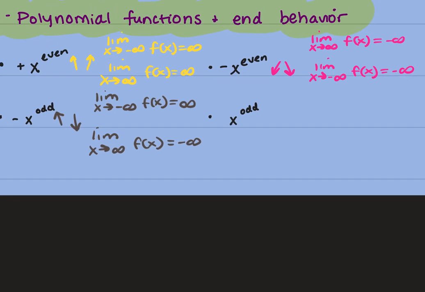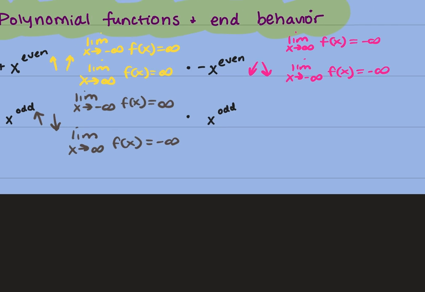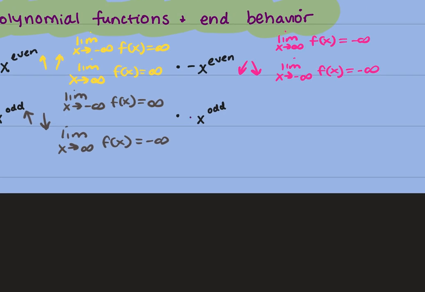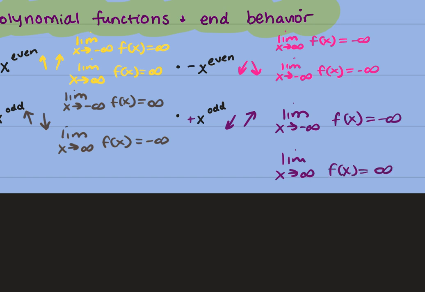And then the last one is if it's odd and positive. It falls left, rises right. So the limit as x approaches negative infinity of f of x equals negative infinity, and as x approaches positive infinity, f of x equals positive infinity.